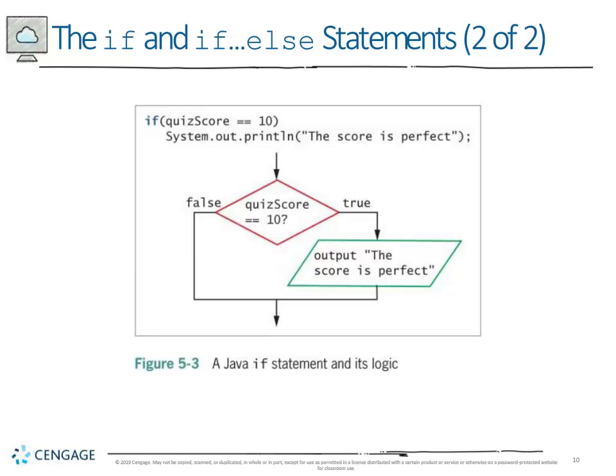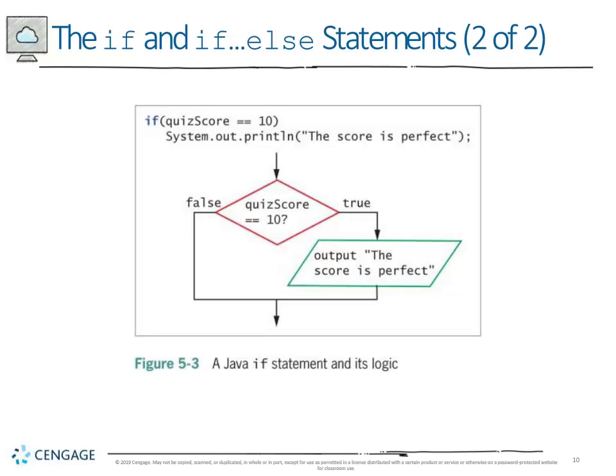So remember in Java or C++, if you want to test equality, it must be double equal 10. If you have a single equal, that's assignment. The quiz score double equal 10 is an evaluation. If they're equal, it will return boolean true. If they're not equal, it will return boolean false.